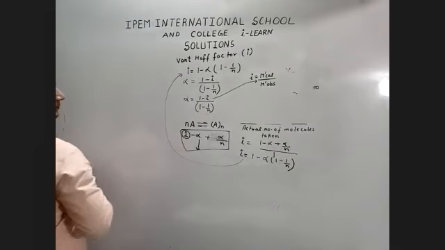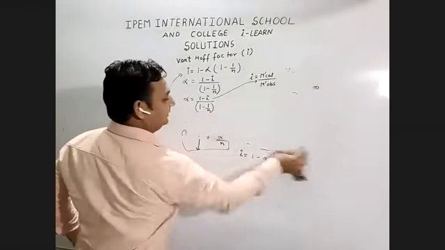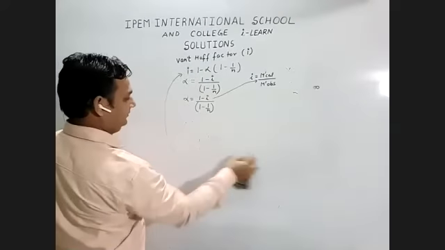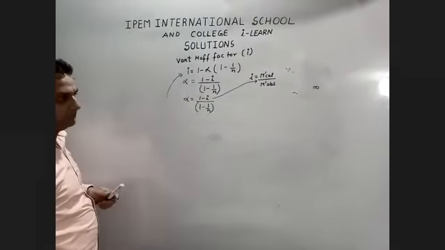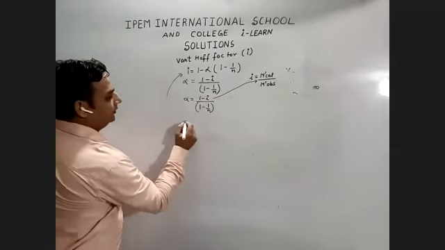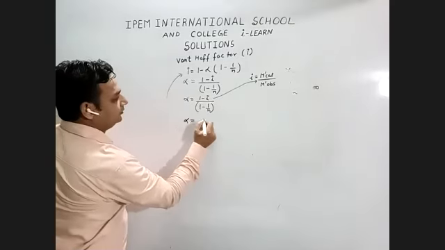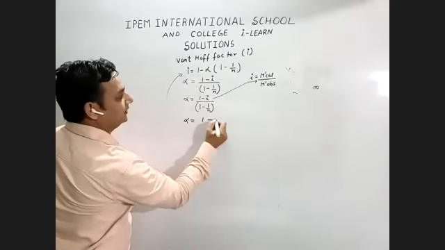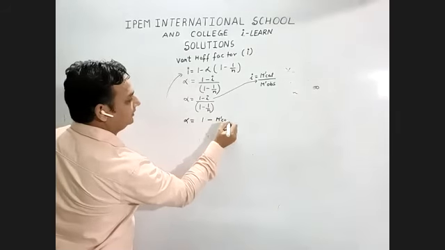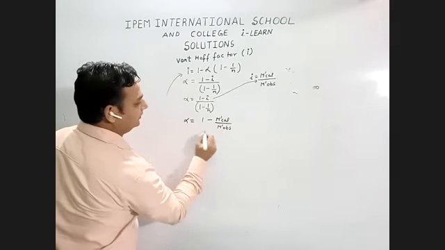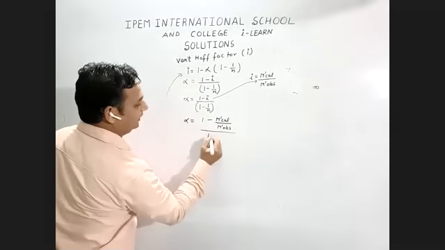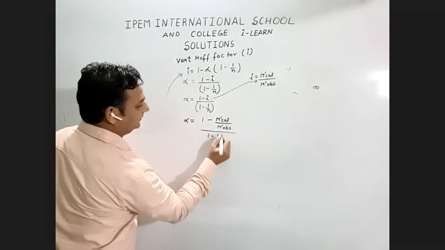The formula will become, after putting this, alpha is equal to (1 minus M calculated upon M observed) upon (1 minus 1 by n).